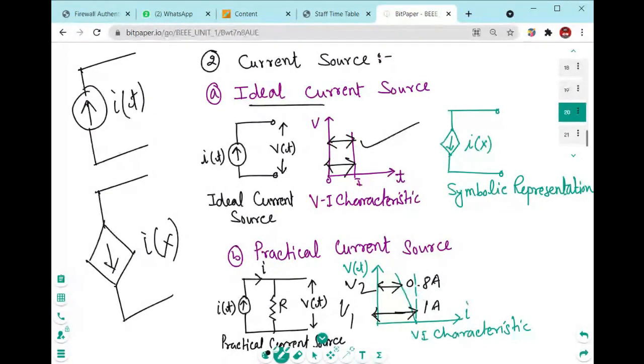So when you connect a circuit, its value changes due to different factors, like noise, internal resistance and heat dissipation. Because of these internal factors, our current source will not give proper output, so it is called a practical current source.